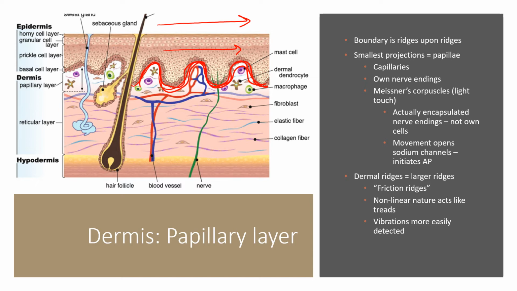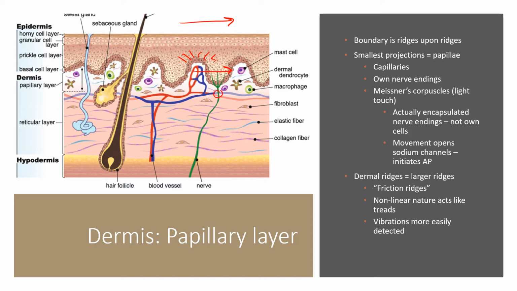In addition, since you have nerve endings embedded into the papillae, and therefore embedded richly into the friction ridges as well, when you have motion across the surface and you have vibration or movement or tugging on one of those friction ridges or on one of those papilla, you can pick up sensation that's finer than you might otherwise.